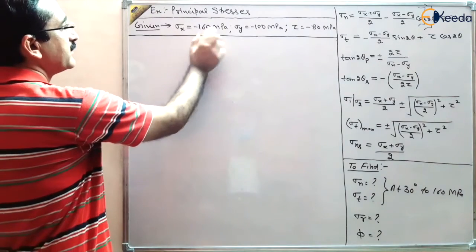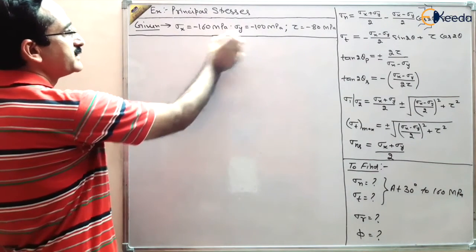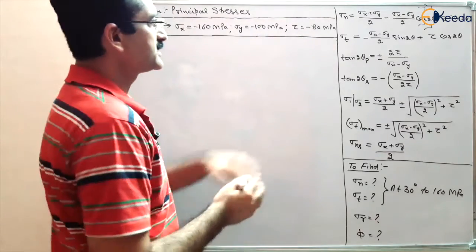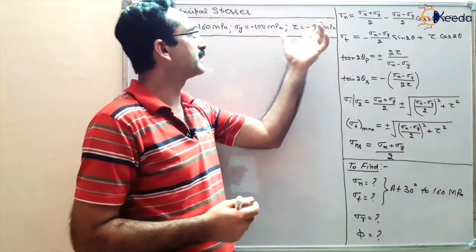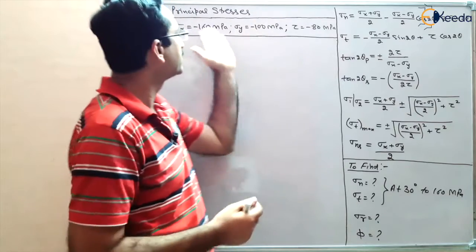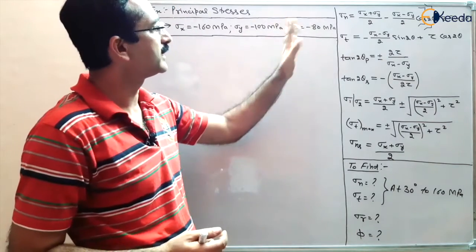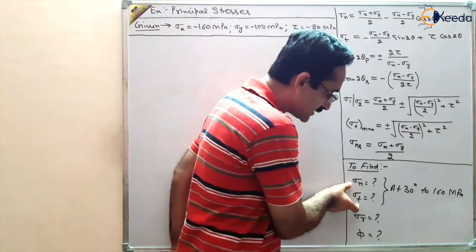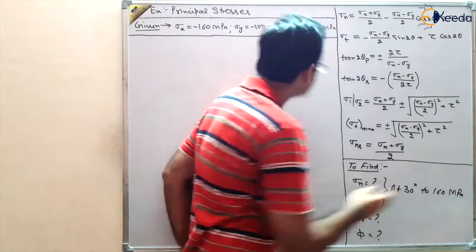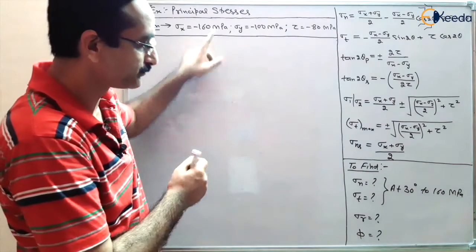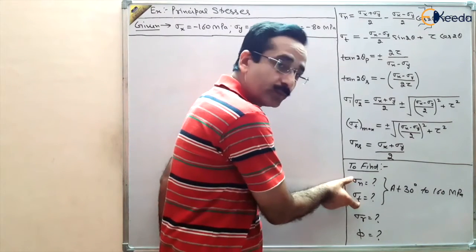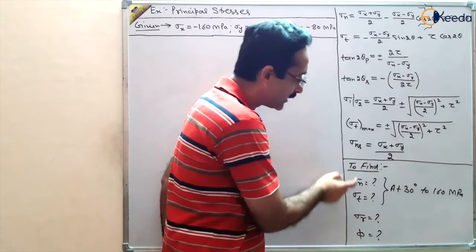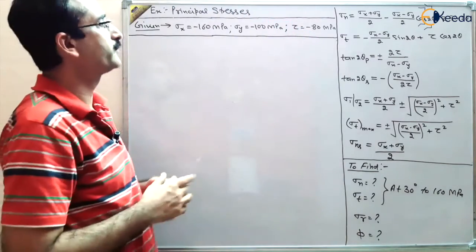Sigma x is given compressive 160 megapascal, sigma y is given compressive 100 megapascal, and shear stress positive or negative is not given, but we have assumed that this is minus 80 because these are compressive already, so we can take minus 80 as shear stress. We have to find out normal stress and shear stress at angle 30 degrees to this 160 megapascal, the resultant of these two, and then the inclination of the resultant with respect to the normal. These things we have to find out, right?